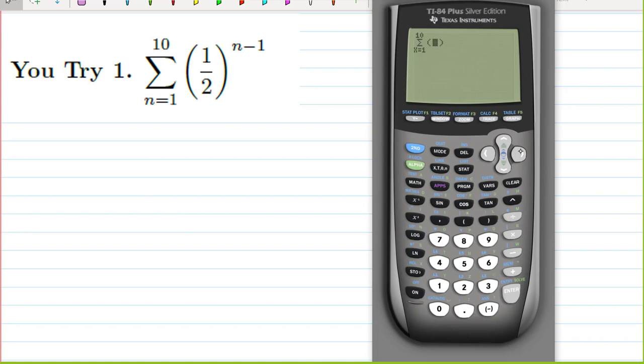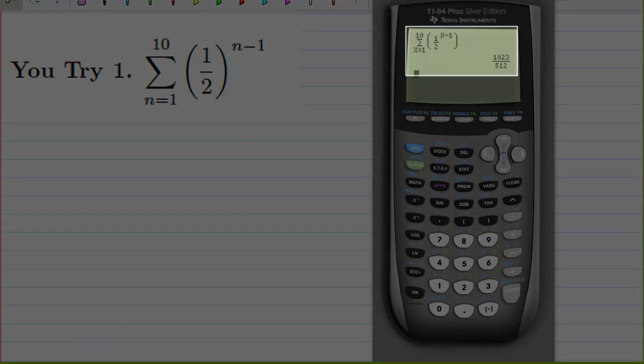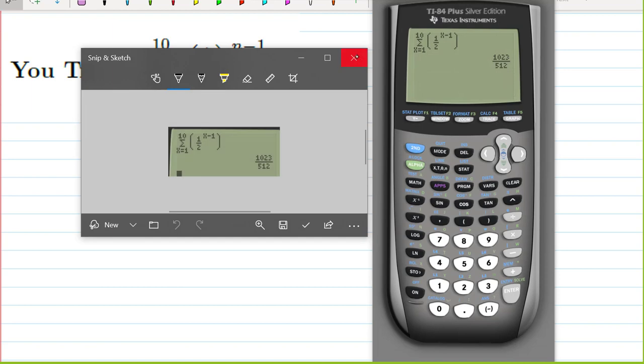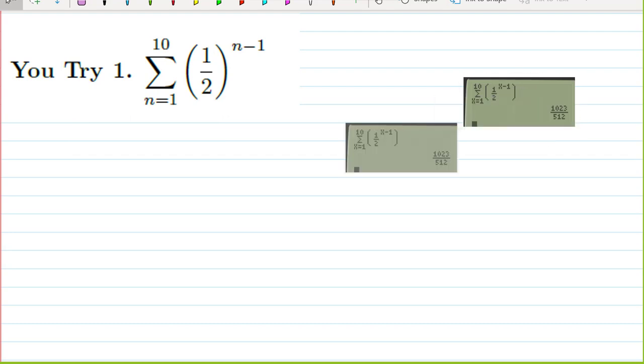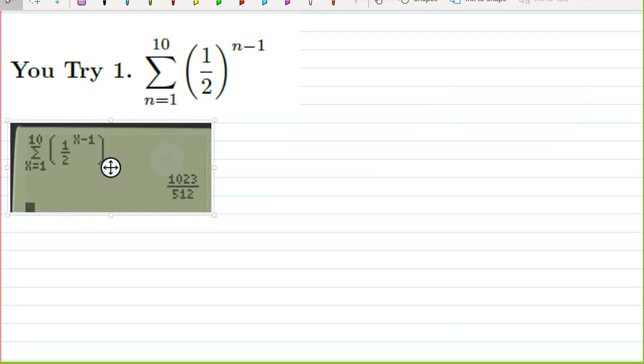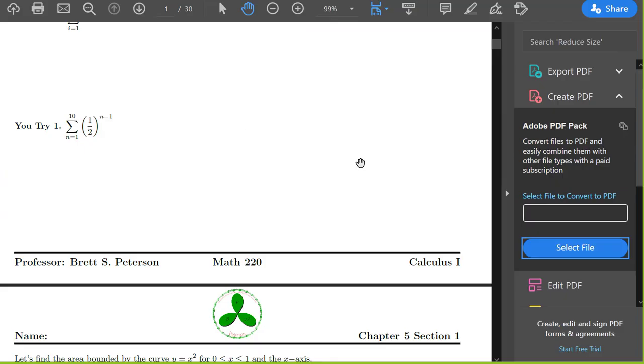But the thing we have to be careful about is since we have 1/2 to the n minus 1, I have to insert my own parentheses, which oddly enough the calculator is going to take out after we're done, but it'll still process the answer correctly, and we should have gotten 1023 over 512 for our solution. All right, so we'll do a few more things involving sigma notation in our calculator as time goes on.